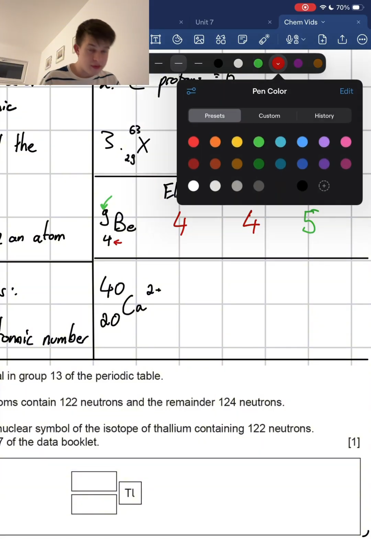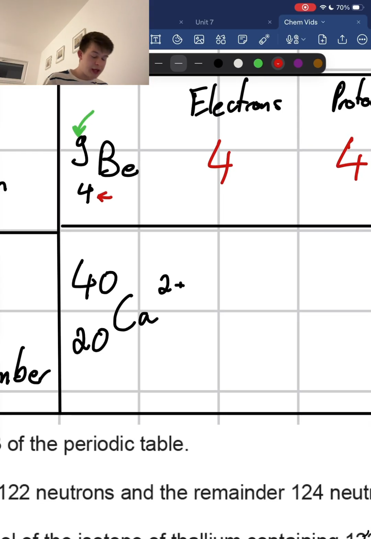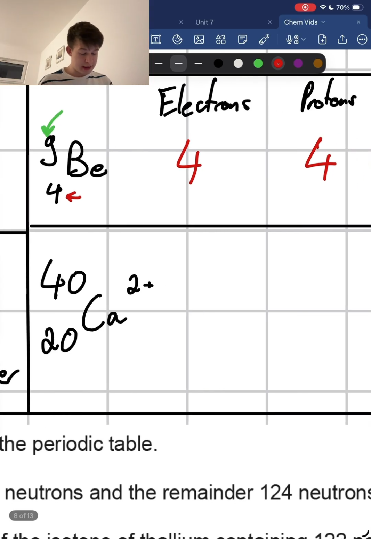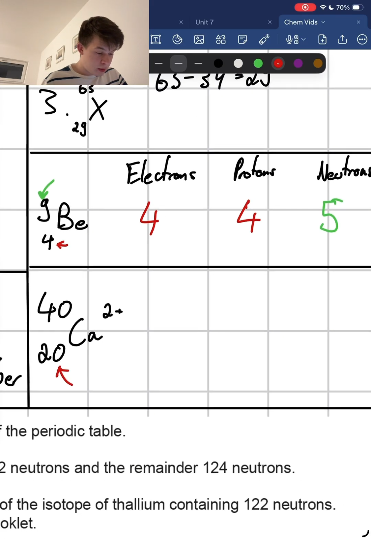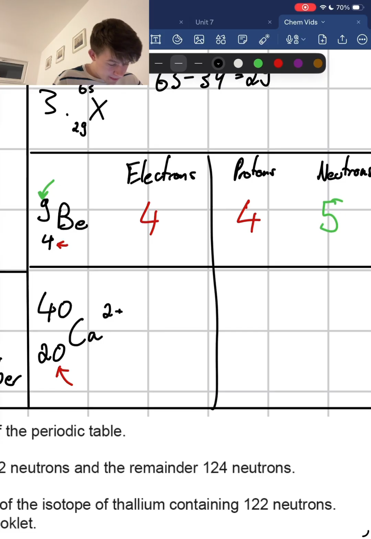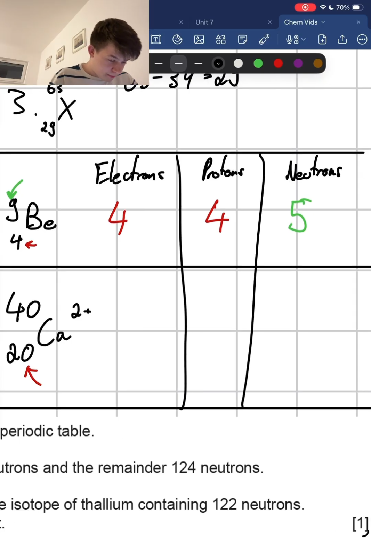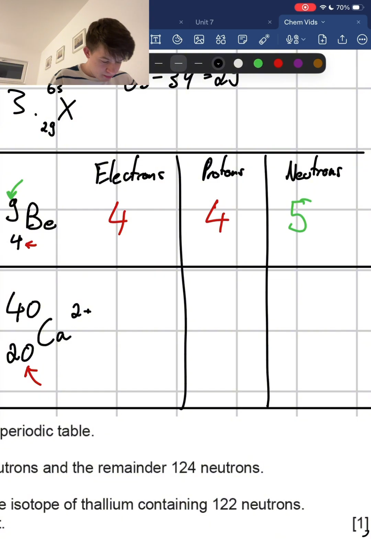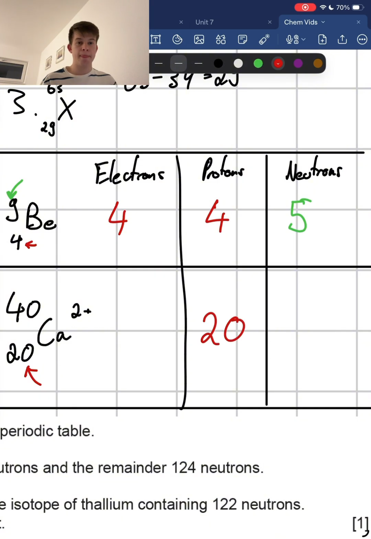So we have here calcium, which is an ion, 2+, and as we can see, it has 20 protons. So again, we can do our line over here. Sorry. So we know this has 20 protons.